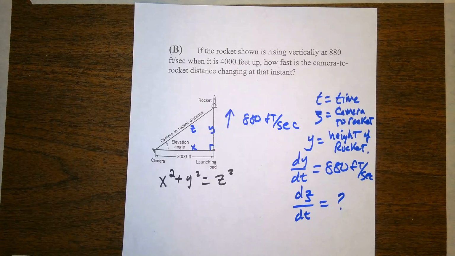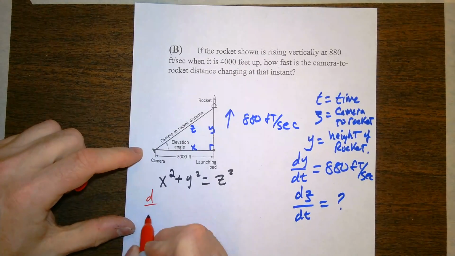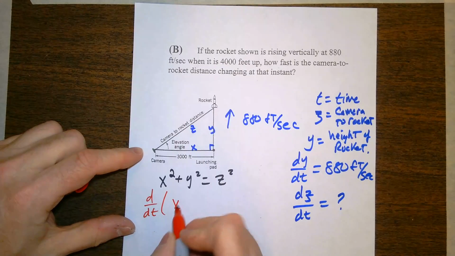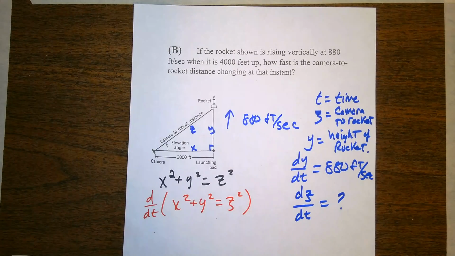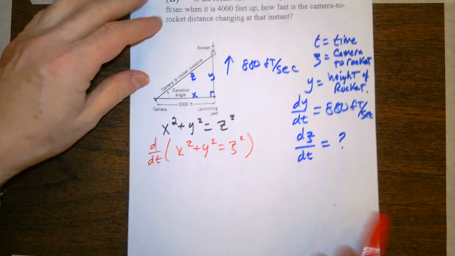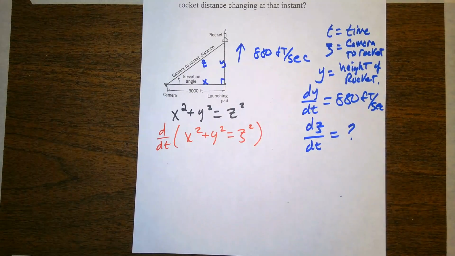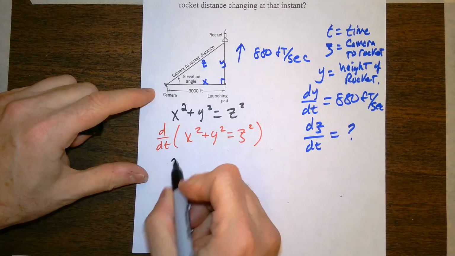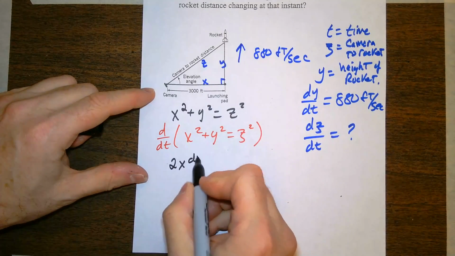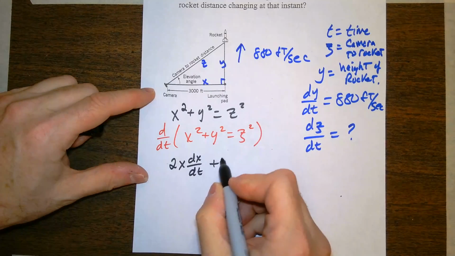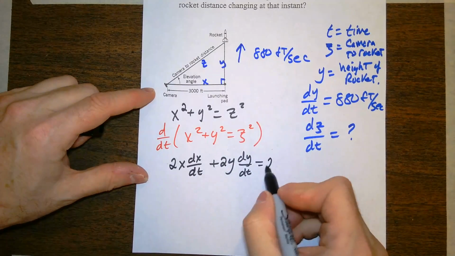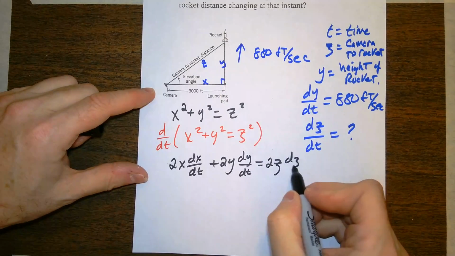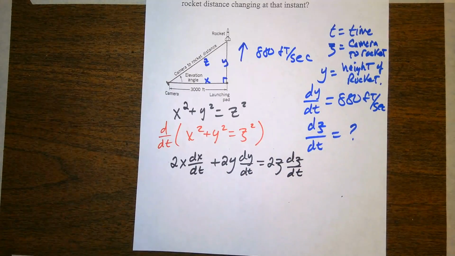So step 5, differentiate this with respect to time. So I want to find d/dt of x squared plus y squared equals z squared. Implicit differentiation here, and as I do the derivative, I'm going to get 2x dx/dt plus 2y dy/dt equals 2z dz/dt.